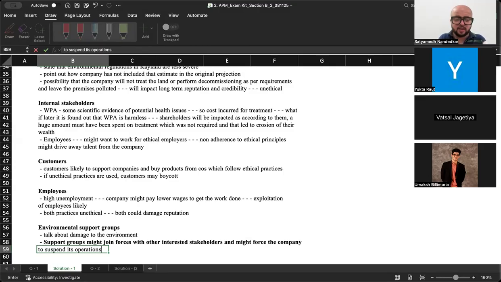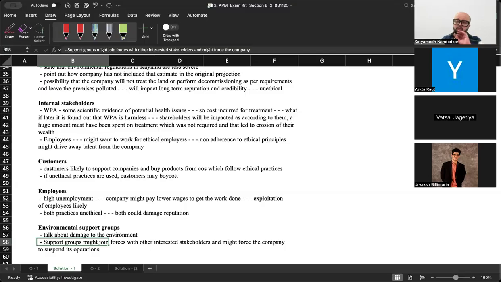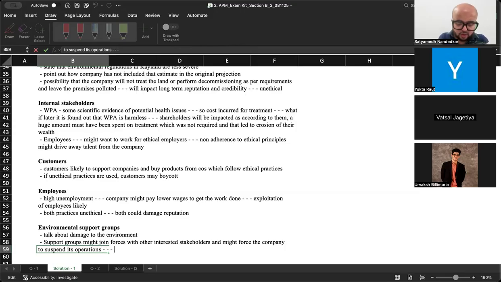Why is this not a far-fetched assumption? Because very clearly it is written that there is so much damage caused to the environment, and there are other stakeholders in the system who are not necessarily in favor of this kind of damage, right? So support groups might join forces with other interested stakeholders, might force the company to suspend its operations, fines and penalties likely.